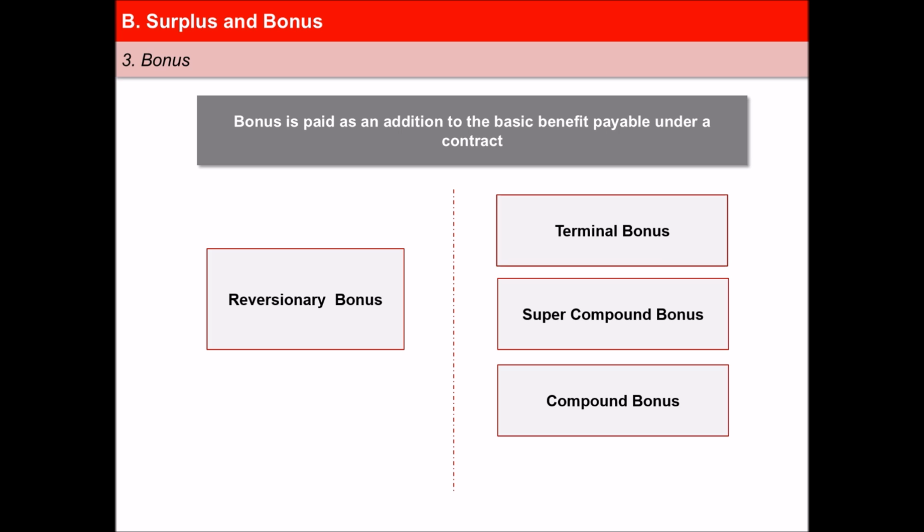A way to express it may be at the rate of 8% of basic sum assured plus attached bonus. And fourth, simple reversionary bonus. This is a bonus expressed as a percentage of the basic cash benefit under the contract. In India, for example, it is declared as amount per thousand sum assured.